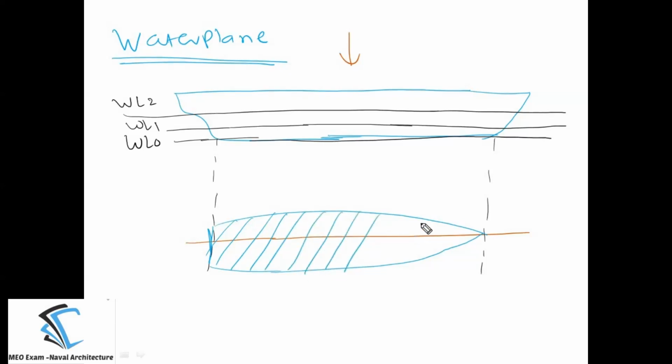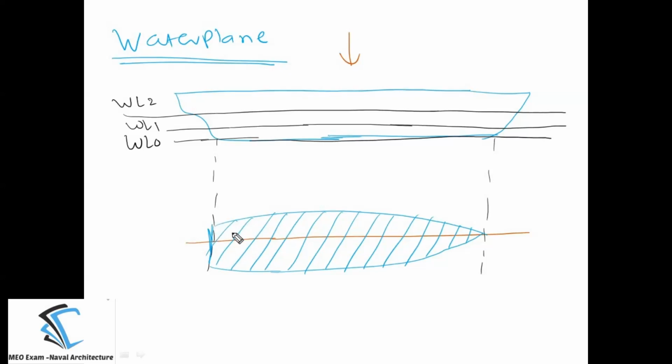I am repeating once again. I will take one plane parallel to the water surface, and that is passing through the water line 0. Think that that plane is cutting the ship at that water line 0, and I am looking from the top.